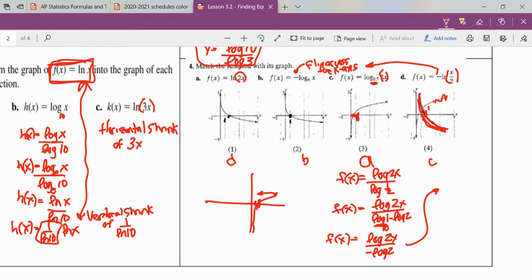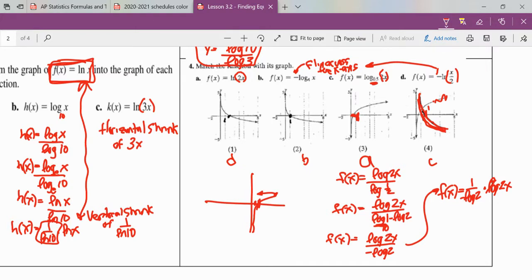And if I'm trying to bring that up front, this is f of x equals 1 over negative log 2 times log of 2x. So this would be a vertical shrink, and then also flipped because there's that negative.